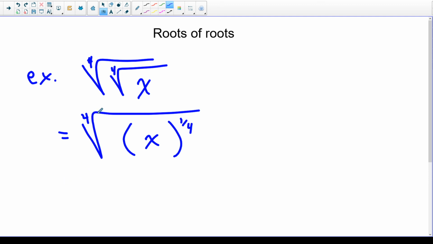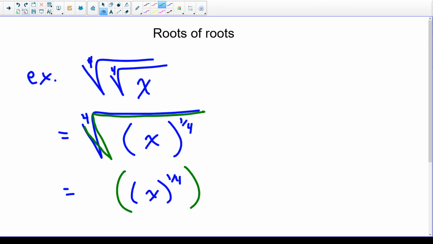But then we have this other outer oyster that ate that inner oyster. So here's my inner oyster. I'm going to use a different color for the outer oyster. So that would be this here, okay? It also has a power of 1/4.